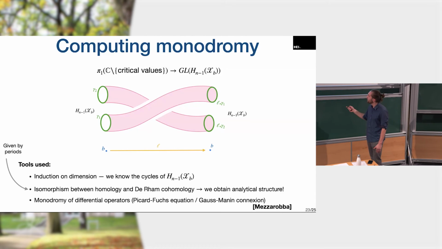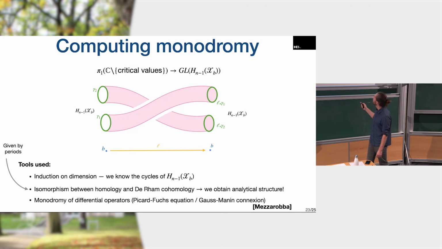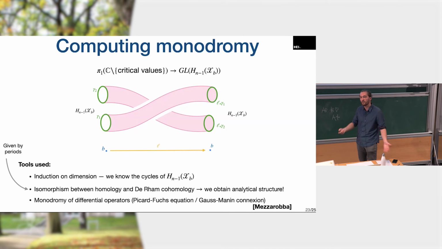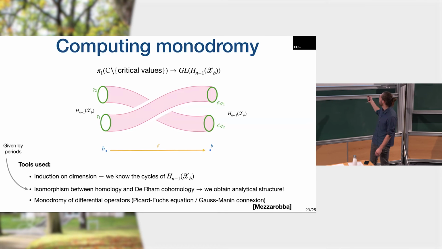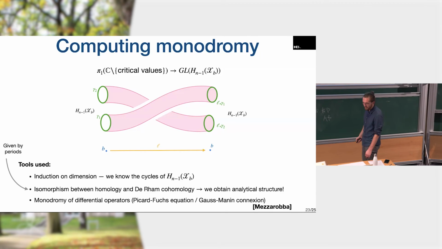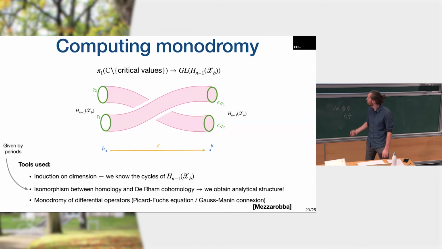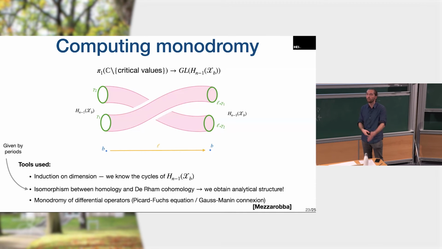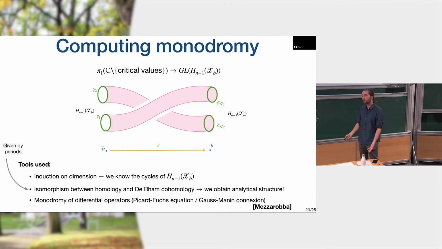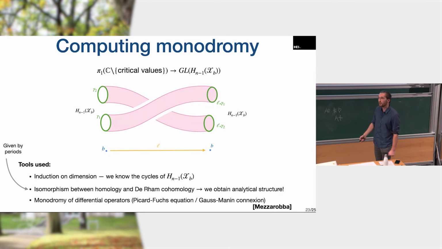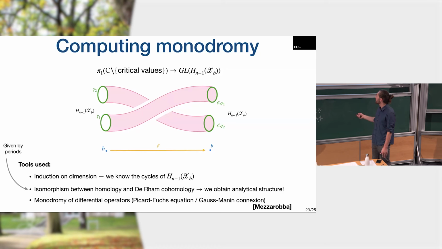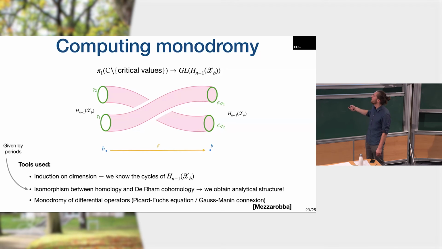And this is nice because on the homology side you have integral coordinates, and in the algebraic de Rham cohomology you have some connection which stems from this fibration, namely the Gauss-Manin connection. This means that if you can compute the differential operators that describe the deformation of the algebraic de Rham cohomology, and if you have the right dictionary to translate it, you can recover the monodromy on the integral homology.